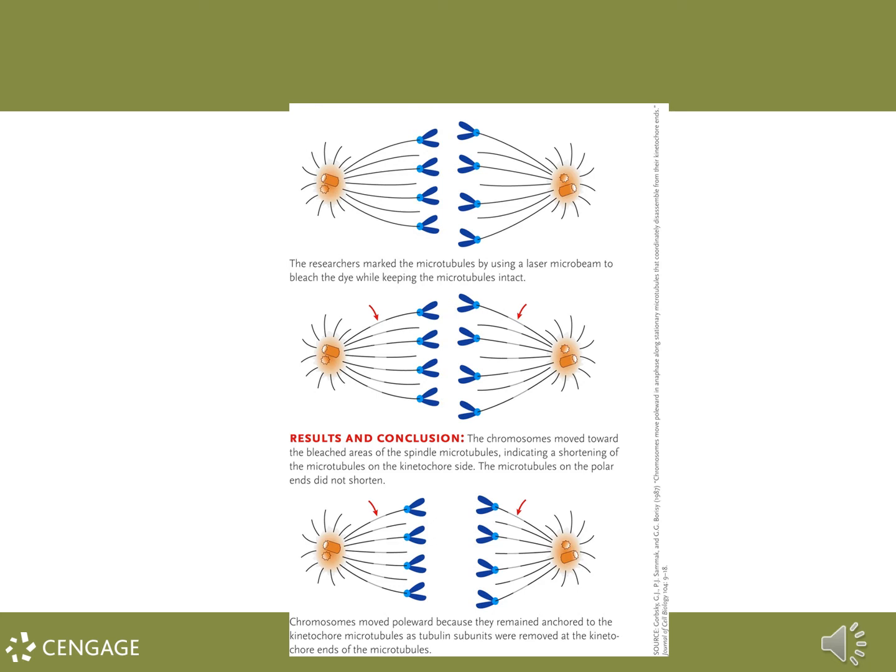It looks like metaphase just ended and maybe we're about to start anaphase. Then they let those sister chromatids get pulled apart. What they saw was that the chromosomes were moving towards the bleached end. The areas that were getting shorter were closer to the chromosomes, not to the centrioles. This told them that the microtubules were being disassembled at the kinetochore end, not at the centriole end.